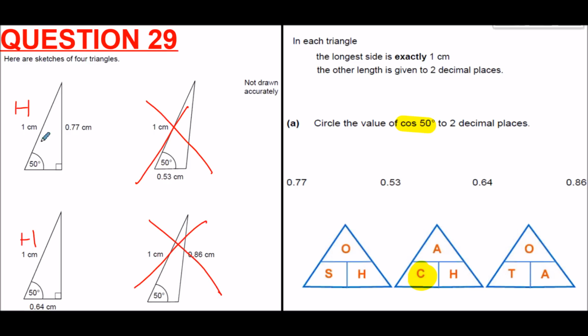The way I'd think about it is work out the opposite side and the hypotenuse first. The opposite side is a side opposite the angle we're talking about. And so in both triangles, the opposite side is one on the right hand side, and the adjacent is the bottom side of each triangle.